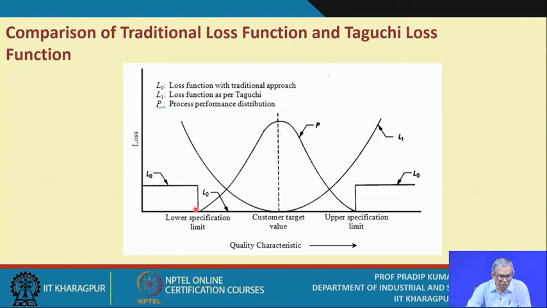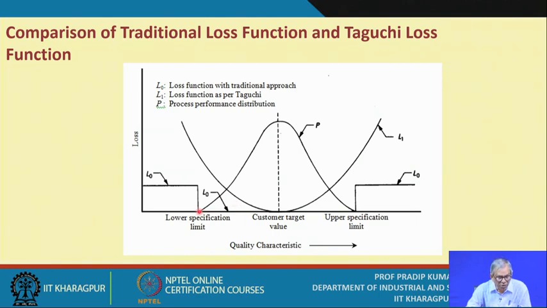Now, in the traditional approach, any value you get anywhere in this range, that means the range specified by the upper specification limit and the lower specification limit, they will consider not to have any kind of loss.